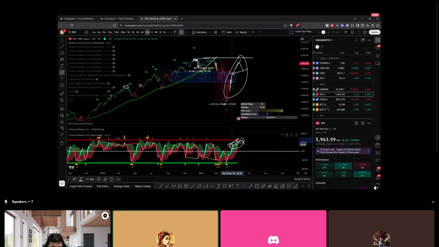Then at this point, we go up, and this is what I will be expecting. But better yet, I would like it to reverse first, keep going up, create a bearish divergence, go all the way down, impact the dynamic reactor, and then bounce.